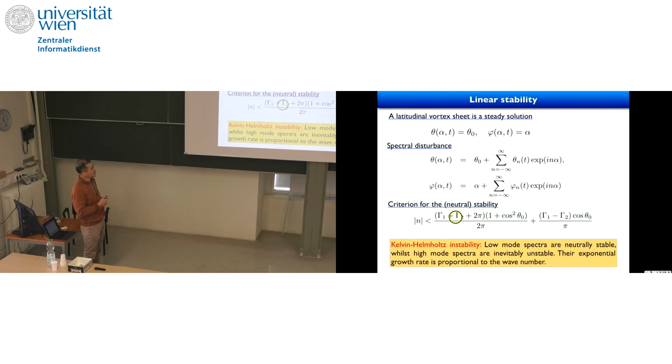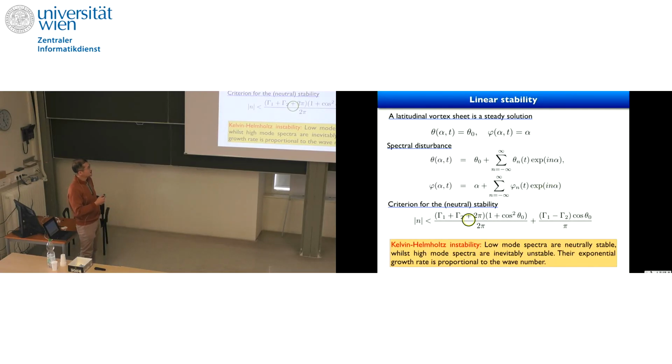For given strengths of the north and south pole vortices and the location of the Vortex seed, if the wave number n is less than this value, the mode n perturbation is neutrally stable. Otherwise, if this condition is not satisfied, the high wave number becomes linearly unstable.